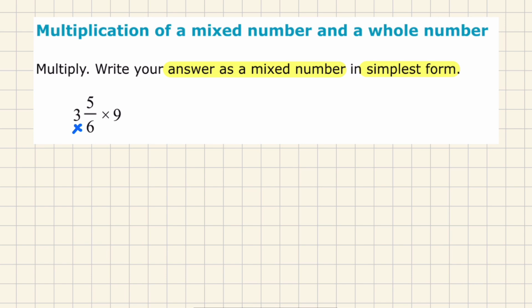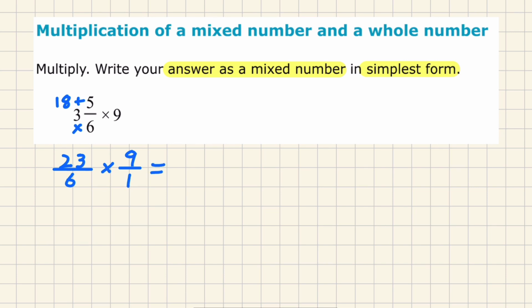3 times 6 is 18, and then adding the numerator. 18 plus 5 is 23, and the denominator is still 6. And since I'm multiplying by 9, I can rewrite the 9 as a fraction as just 9 over 1.